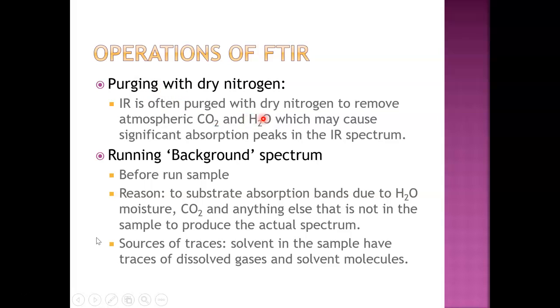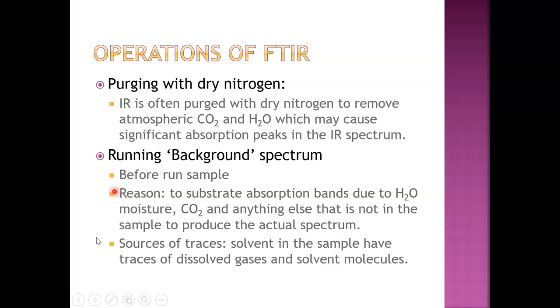So we need to purge with dry nitrogen, because nitrogen does not absorb IR. That's why we use nitrogen to flush out everything other than nitrogen. If nitrogen is in there it doesn't matter, because it will not interfere with the absorption of the sample.